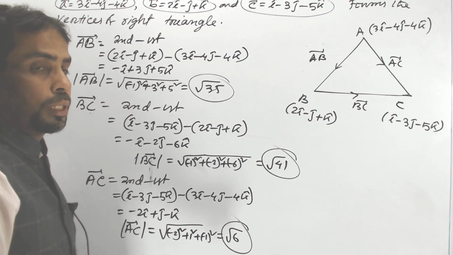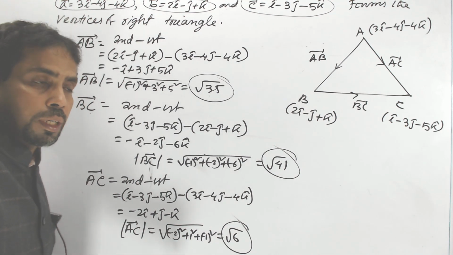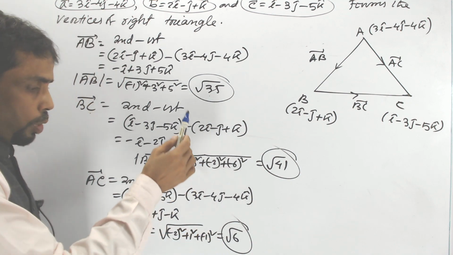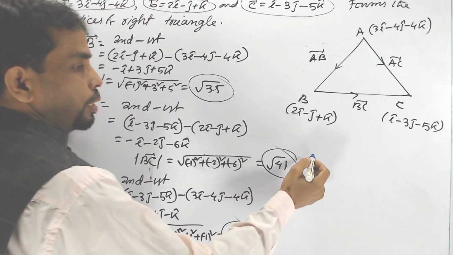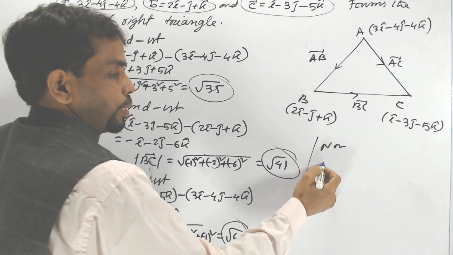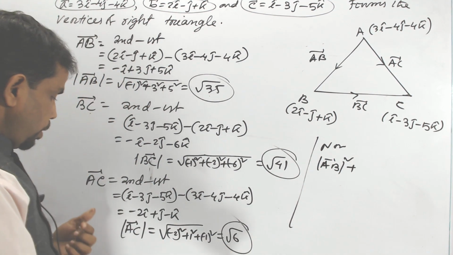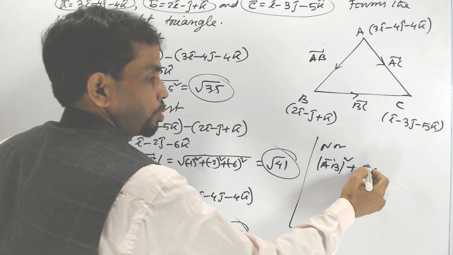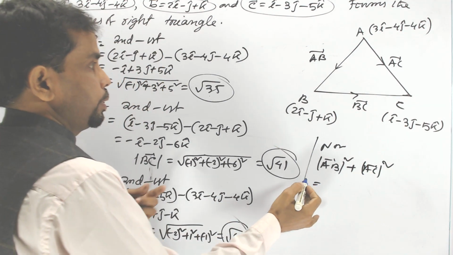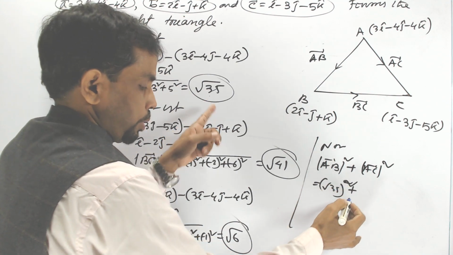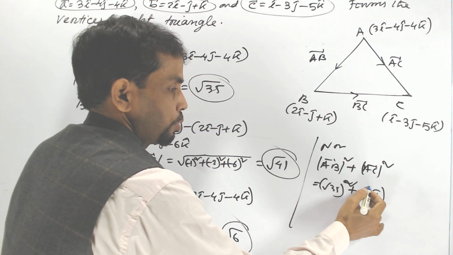Now we have to show that these three sides of the triangle satisfy Pythagoras theorem. So the smaller two I will take first. AB magnitude square plus the smaller one, AC magnitude square. AB is square root of 35 square plus square root of 6 square.